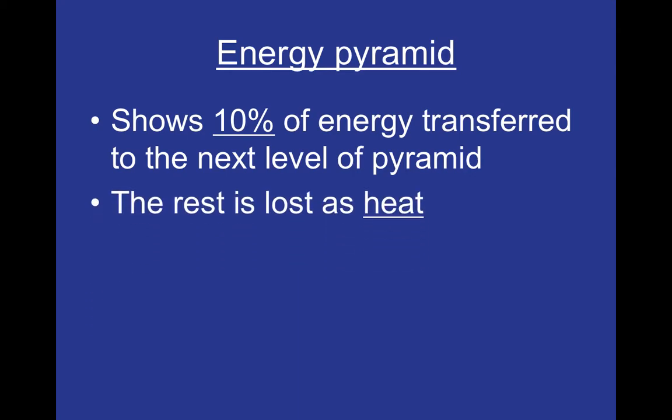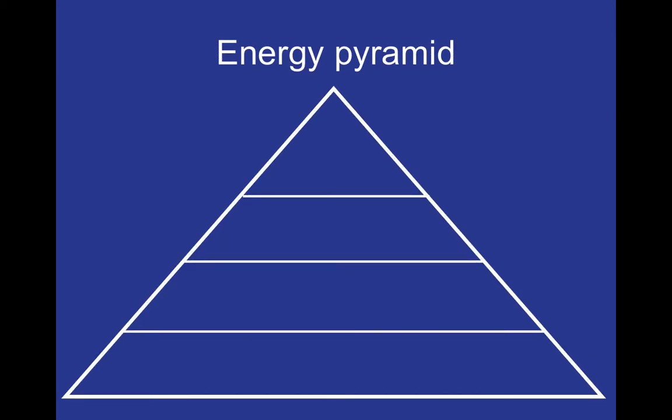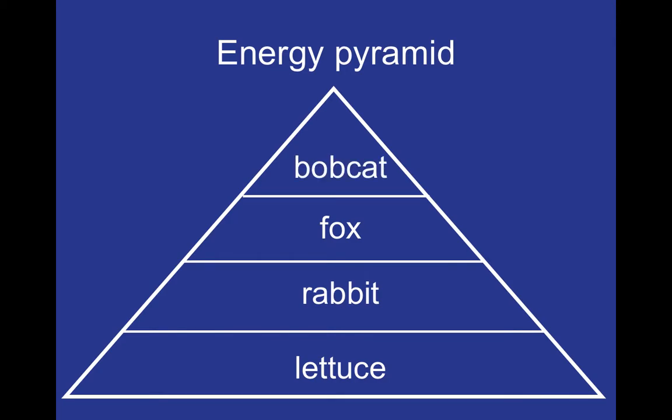Let's take a look here at your energy pyramid that you're going to sketch. We're going to make it with 4 levels. The bottom level has lettuce, and then we have rabbit, and then we have a fox, and then we have a bobcat. The producer level represents 100% of the available energy to the entire ecosystem.